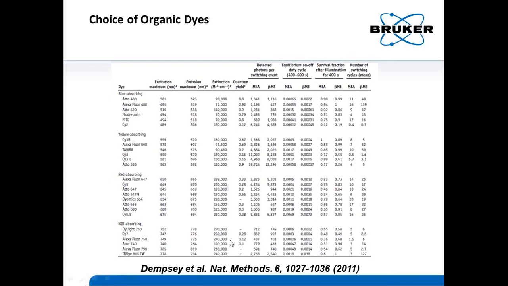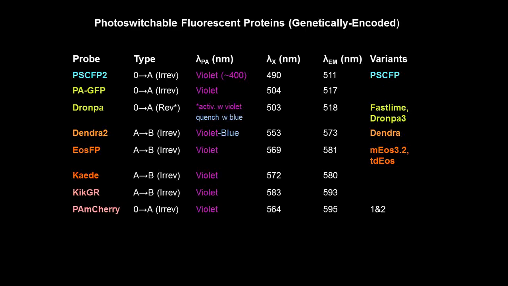But there's a really good review from Xiaowei Zhuang's lab in Nature Methods that came out in 2011. They did a great job of characterizing all the different dyes they tested, with the quantum yields and how they work with different buffers. If you want a much more comprehensive idea of the dyes that are available, I would certainly suggest that you look at that publication.